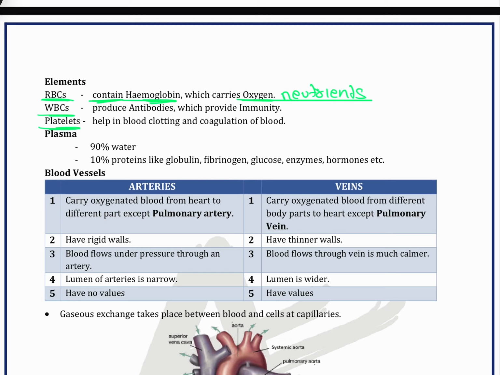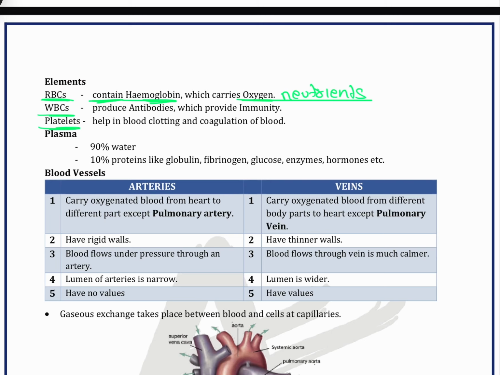WBCs produce antibodies which provide immunity. If any infection or disease occurs in our body, WBCs help us to fight against it. Then come the platelets, which help in blood clotting and coagulation of blood.